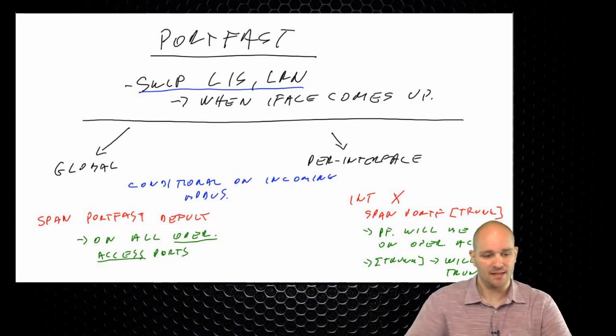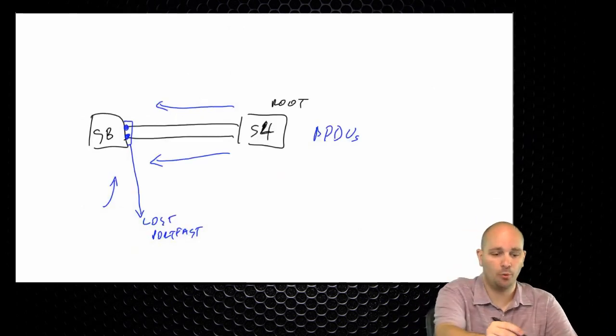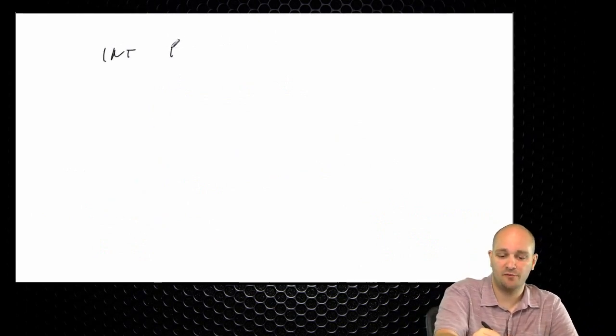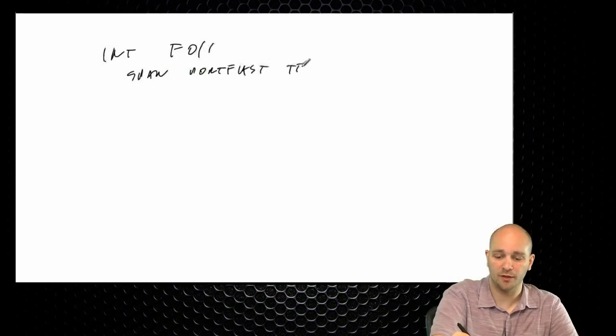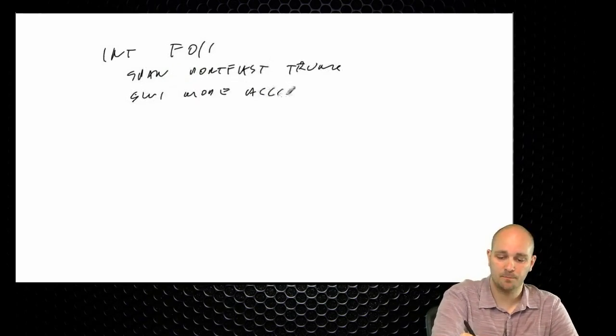Now, what I mean by this is, let's say that you had a port that was configured for Portfast. So you had interface FastEthernet 0/1, and you had spanning-tree portfast trunk configured, and you say here switchport mode access.